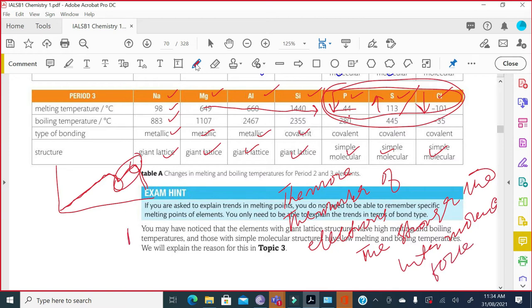Intermolecular forces mean the force of attraction between molecule A and molecule B. So if molecule A has more electrons and molecule B also has more electrons, then this force is very strong. When the force is strong, then the boiling point is high. This is a concept.